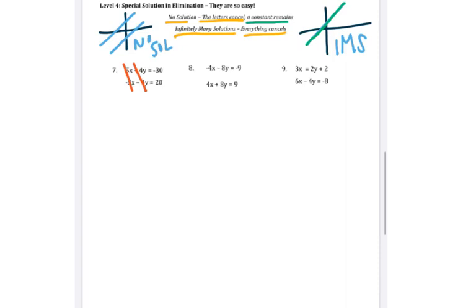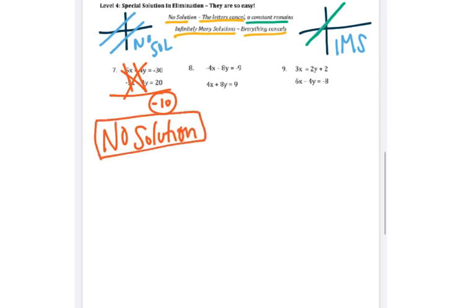But if you look here, negative 30 plus 20 is negative 10. There's no x's and no y's, they canceled. There is a number left over, that's not good. So this is called no solution. No solution happens when both letters cancel, but there is a number that remains.